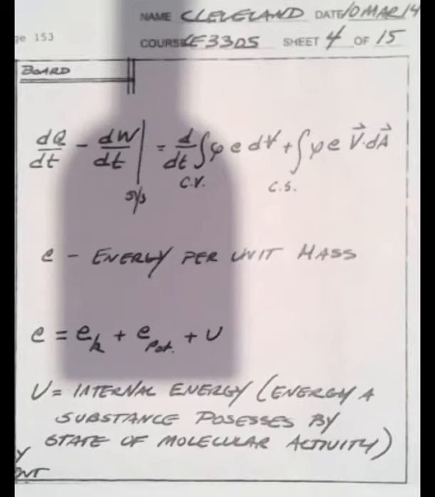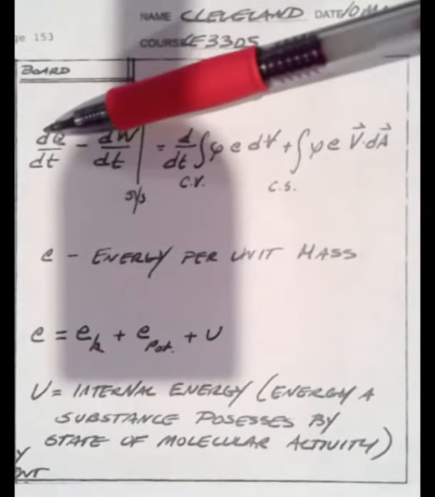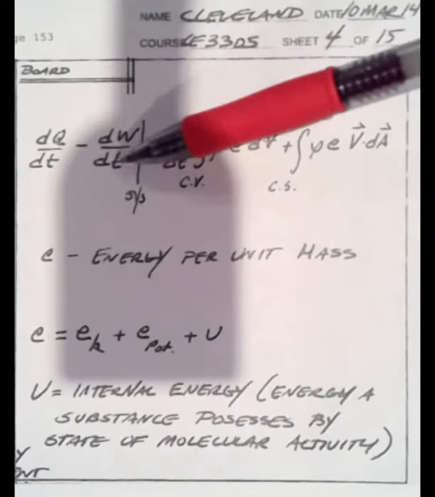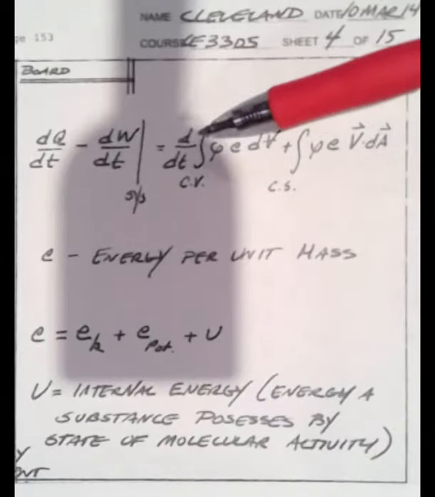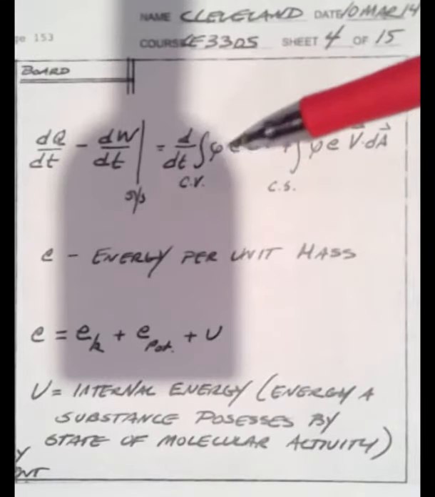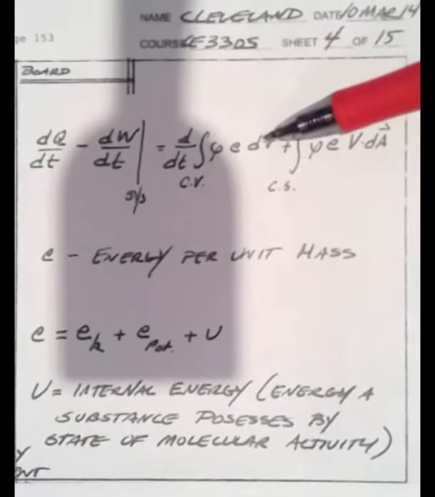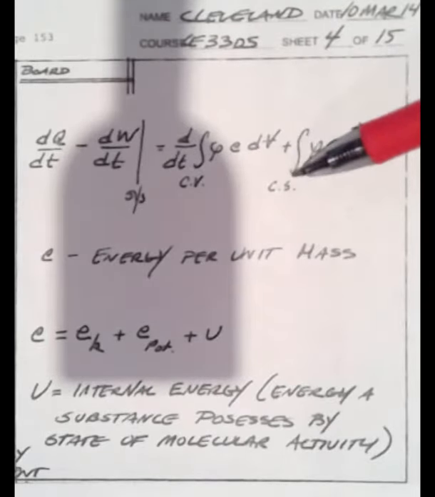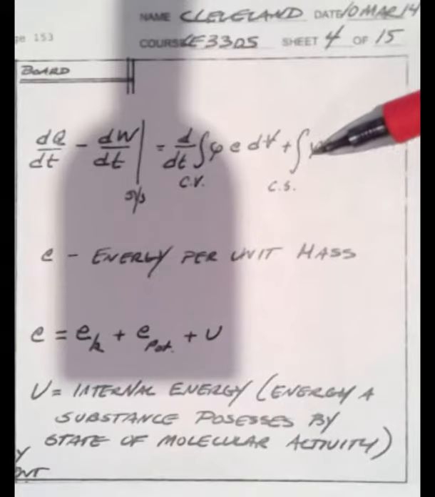Now, if we recall, Reynolds transport theorem simply says the change in energy of a system, dQ/dt minus dW/dt, for this system is going to equal d/dt of the integral of beta rho dV plus the integral across the control surface of beta rho v dot dA.